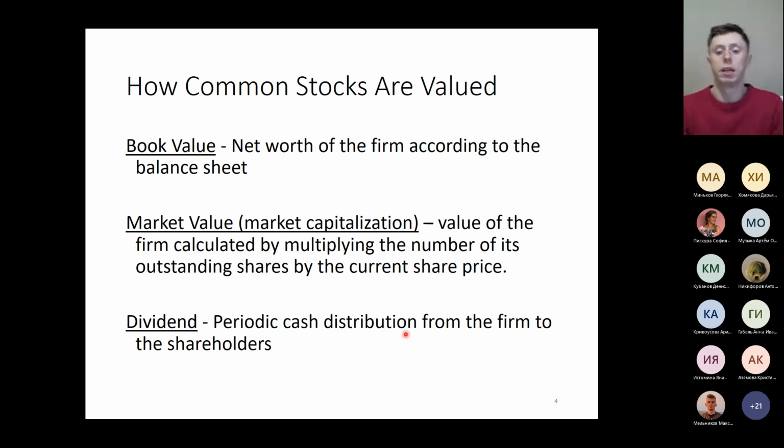Occasionally, if there is some special occasion in the firm's operation, for example, when the firm sells some branch or some units, the firm would have additional cash flows, and if shareholders decide that the firm shouldn't invest it somewhere within its business, then shareholders would receive that money as a dividend.